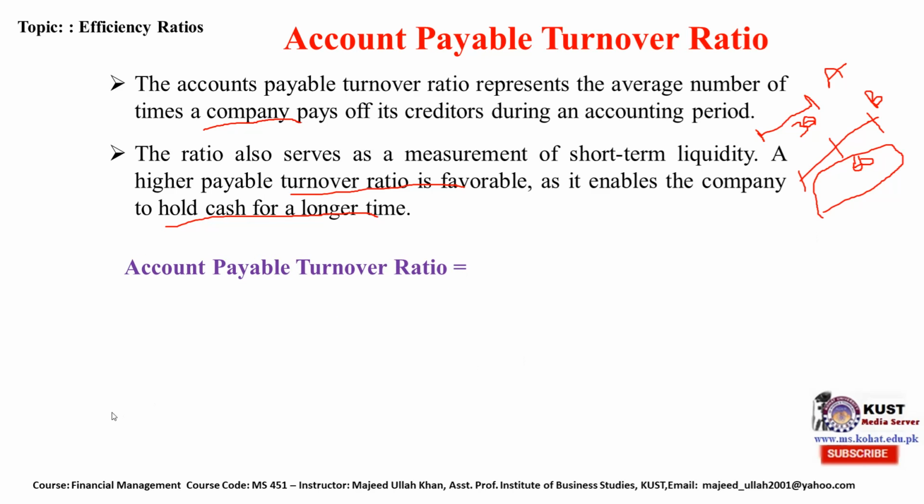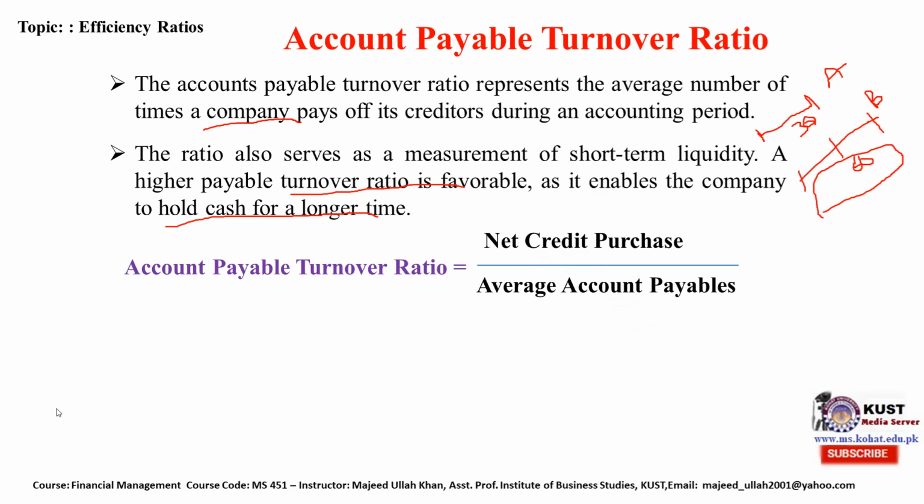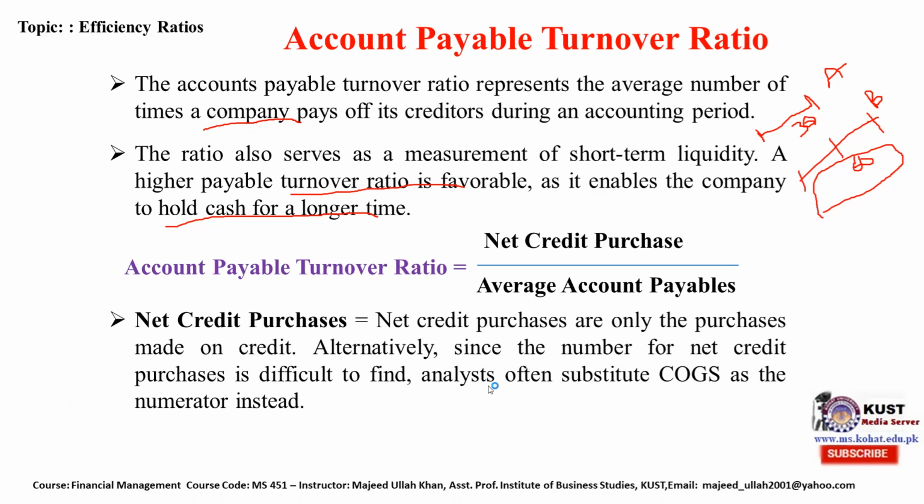Account payable turnover ratio is equal to net credit purchases divided by average account payables. Net credit purchases are only the purchases made on credit. Cash purchases will not be included.